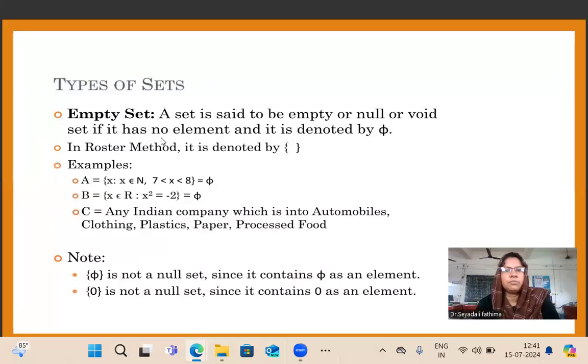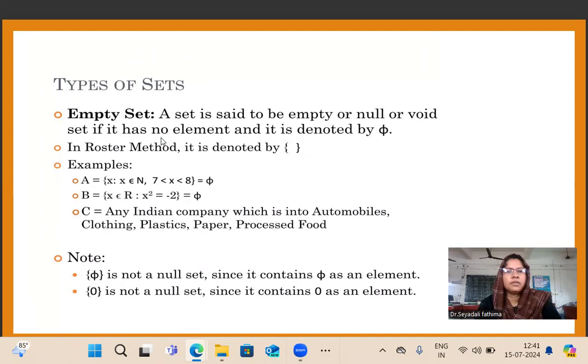Next we see some types of sets. Empty set: a set is said to be empty, null, or void if it has no element, and it is denoted by phi. In roster method, it is denoted by empty curly brackets. Here is an example: the set A, which contains the elements x such that x is greater than 7 and less than 8, is equal to phi.